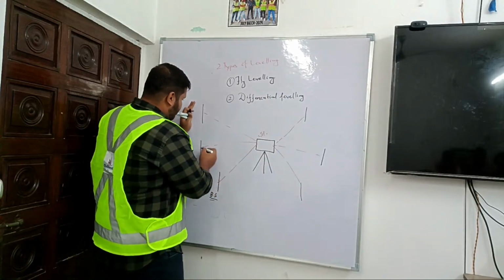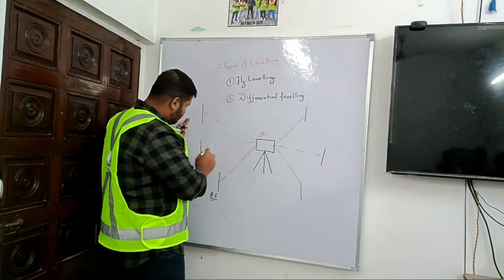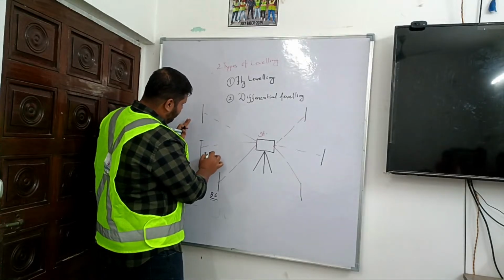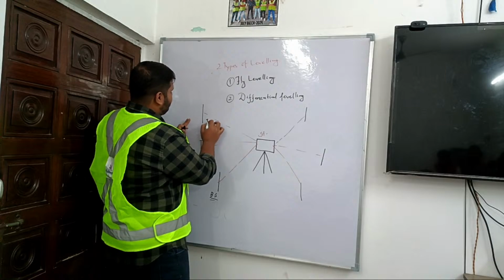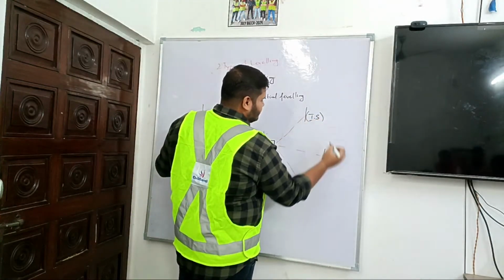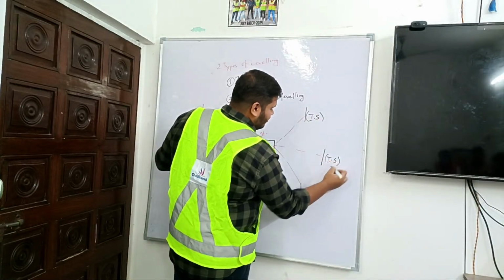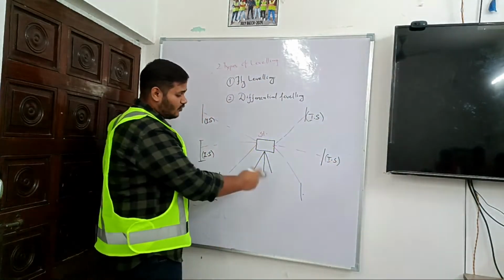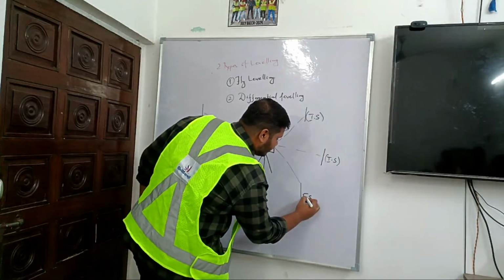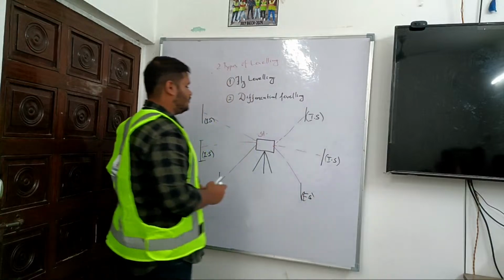Here the instrument is not changed, so the intermediate readings will not be foresights; they will be called intermediate sights, IS. This is also an IS, this is also an IS, but this is the last reading, so it will be called the foresight.